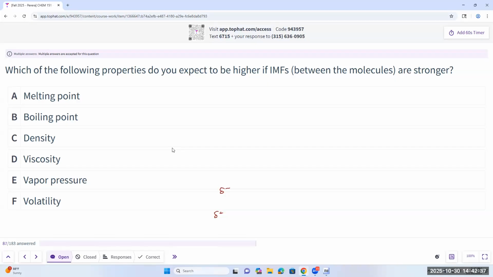Right, so it's going to be more. Right. Density, viscosity. Viscosity has to... yeah, like, so I would just, yeah. I think it'd be a little out.